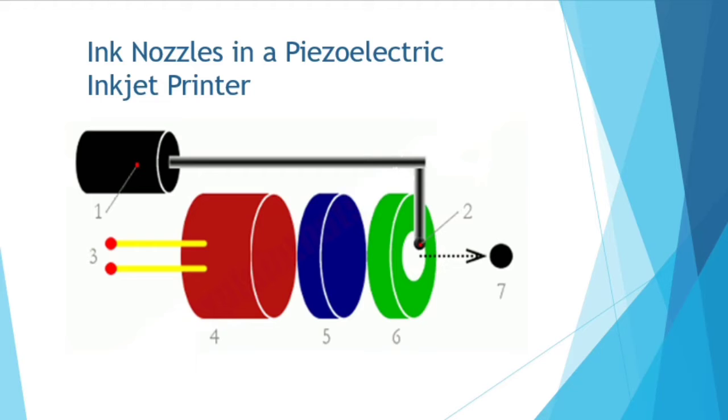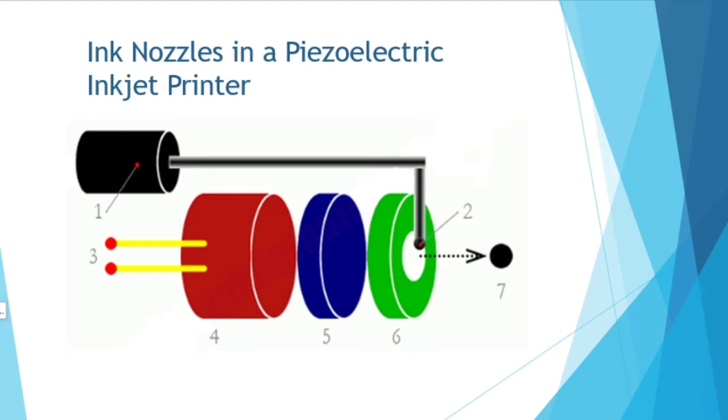Then it squashes against a membrane, that's the dark blue, and pushes it toward the right as well. Last but not least, the membrane pushes against a hole in the ink dispenser, that is the green one, to increase the pressure there, and the pressure forces the waiting ink droplet from the tube toward the paper.